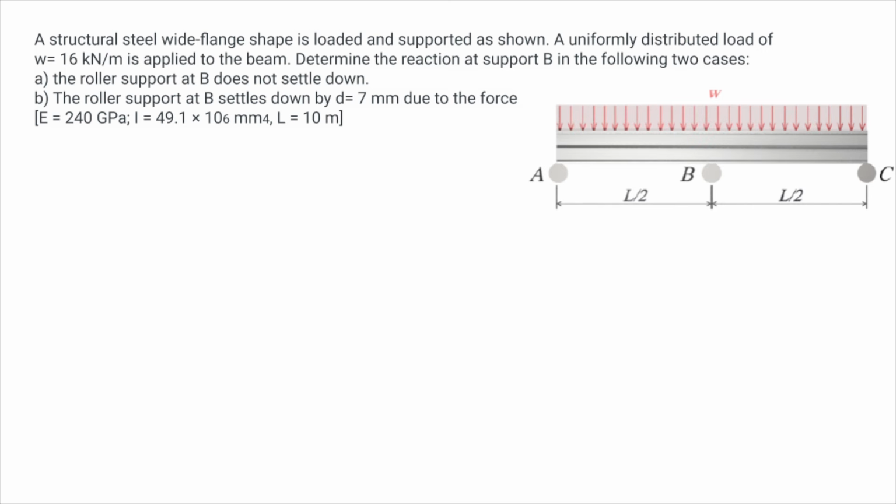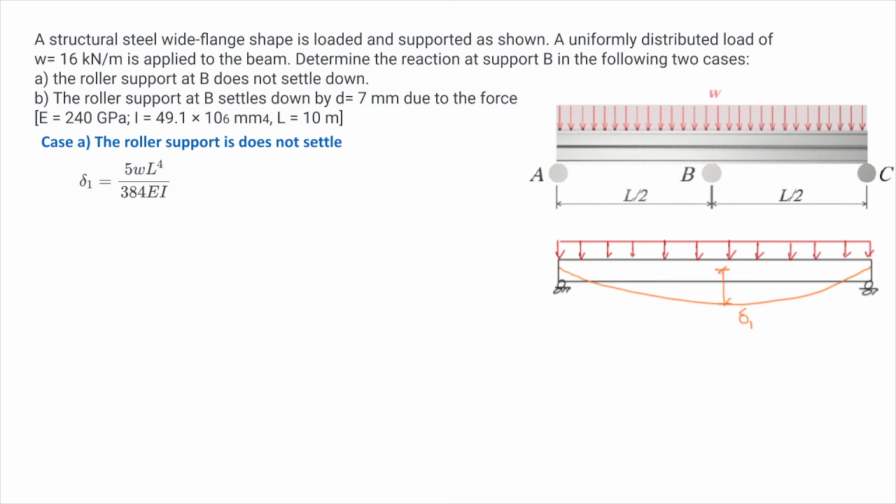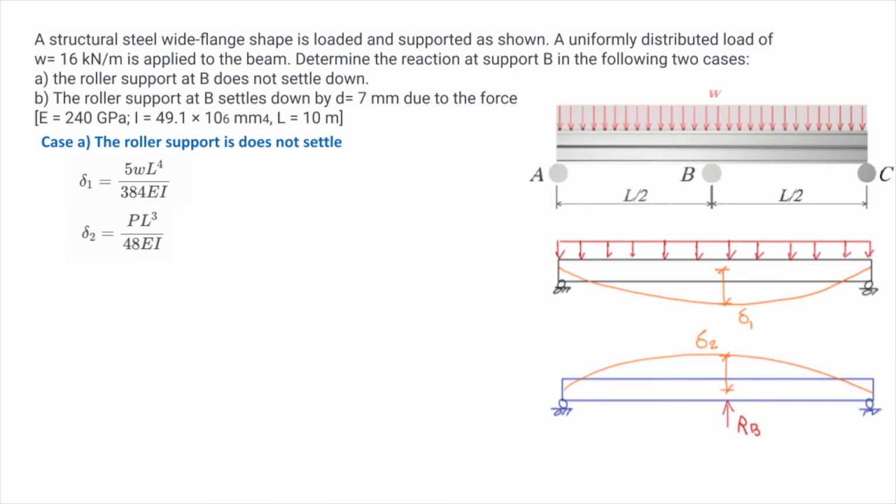So in order to solve this problem for the first part, we simply need to determine the deformation of this beam subjected to the distributed load at the midspan, which would be its maximum. I calculate the deformation, which would be 5wL to the 4th divided by 384EI. Then we calculate the deformation in the simply supported beam where there is a reaction force at the midspan.